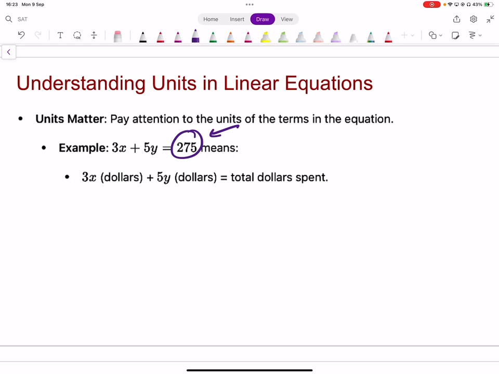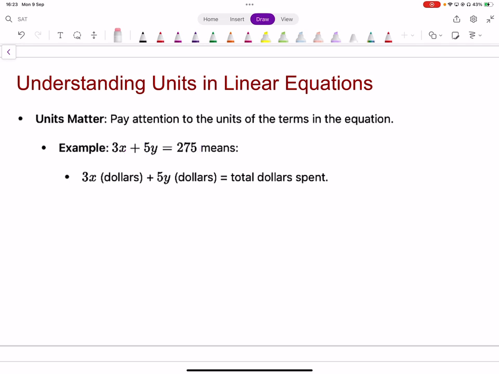275 is the total amount that you have at a particular point, and you're spending that amount on purchasing two things. One is X and the other is Y. 275 is the total amount.